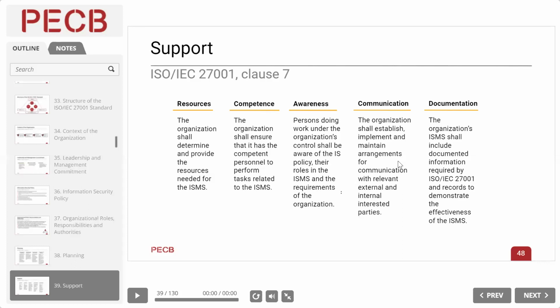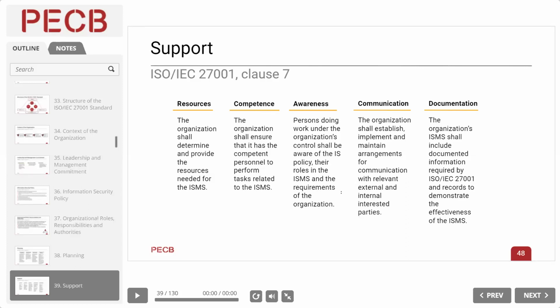So as I said earlier, one of the side impacts is the change of culture. There will be a cultural change whenever an ISMS is implemented. There's no doubt about it. It's something that comes along with risk management.